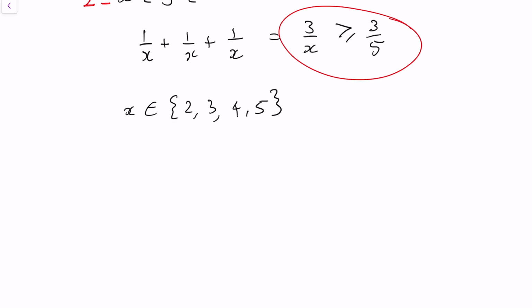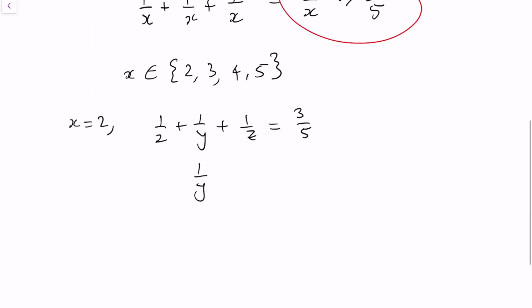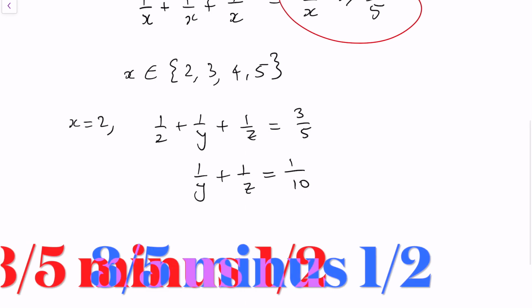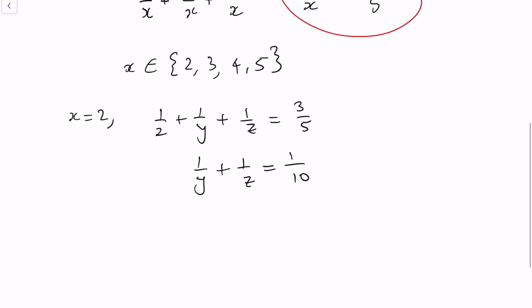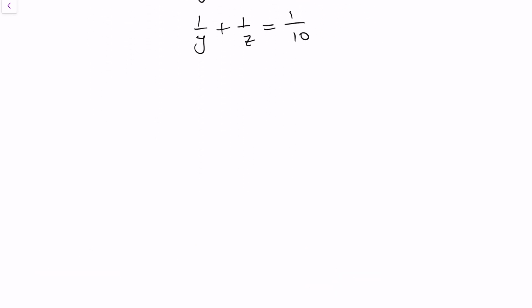Right, so we know that x belongs to this set now. We can simply test these numbers. So if we let x be 2, the equation 1 over x plus 1 over y plus 1 over z equal to 3 over 5 becomes 1 over y plus 1 over z equal to 1 over 10. That is 3 over 5, take away 1 over 2, right? If we start playing around with this, let's make z the subject.